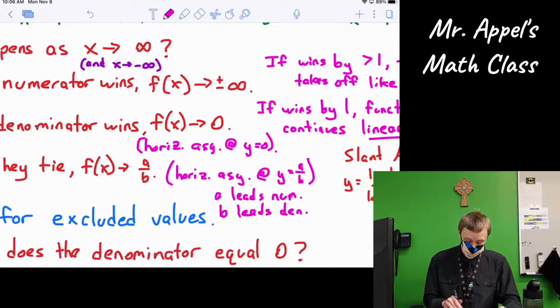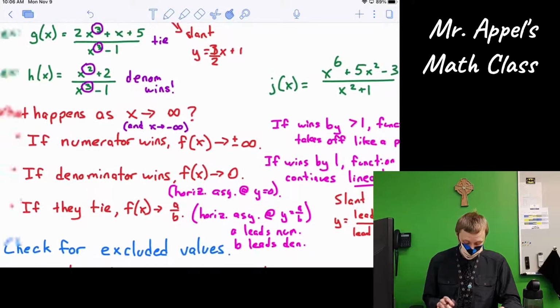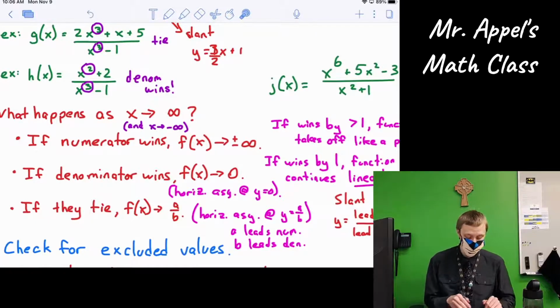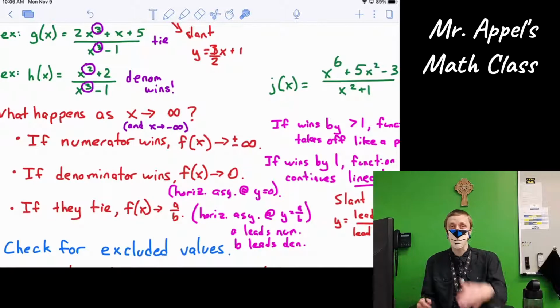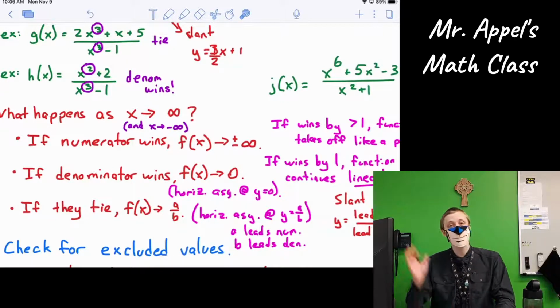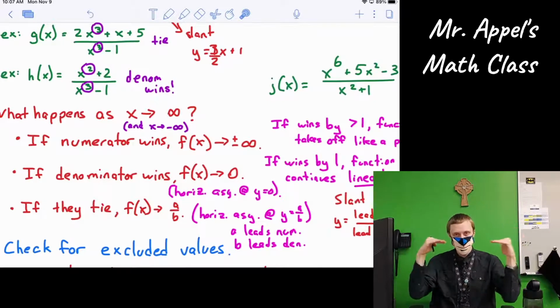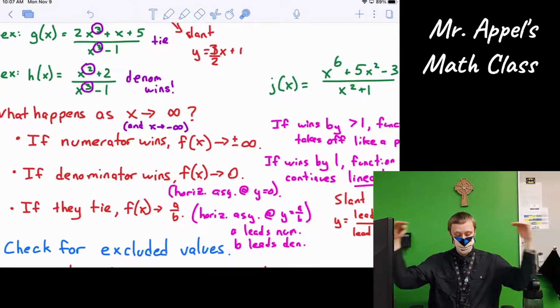So in the case of g of x up there, we had a 2 up top, a 1 on the bottom. So the g of x function has a horizontal asymptote at y equals 2. Way out on the extreme ends, it's going to flatline and approach, but not 0, bumped up to 2.